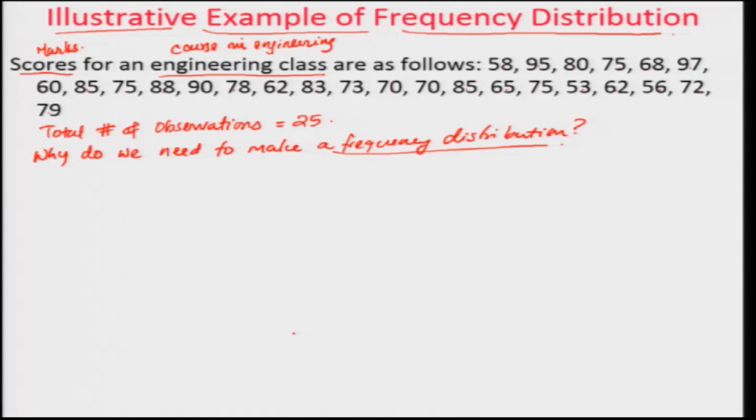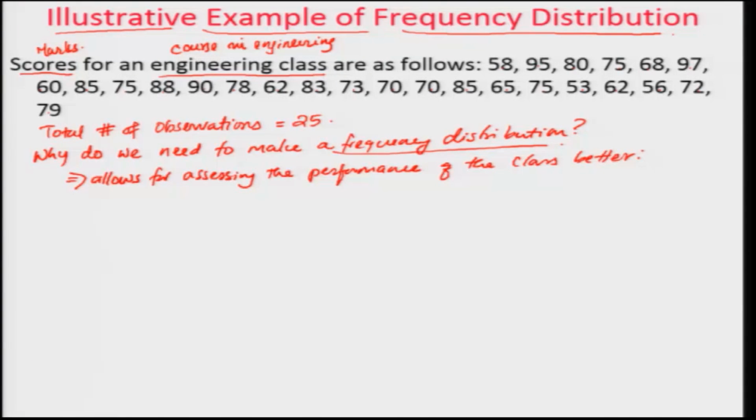The advantage of making the frequency distribution is it allows for assessing the performance of the class better, or it tells you how the performance in the class is spread out, how people can be grouped into people who are doing excellent in the class, doing average in the class, doing poorly in the class, that kind of a thing. Okay. So, let us say that if you have no other way to group this.